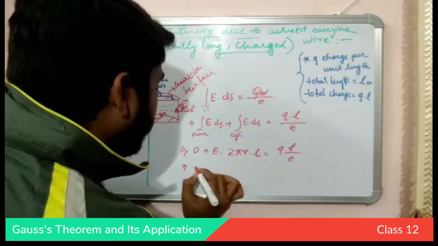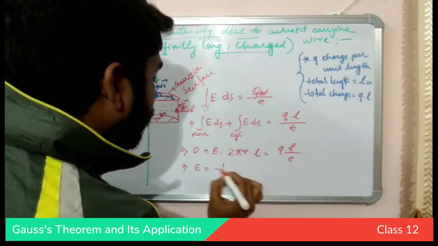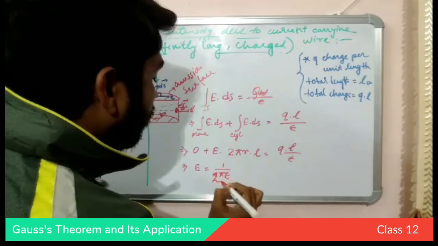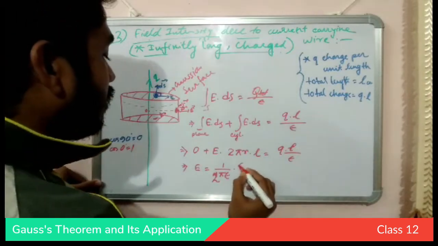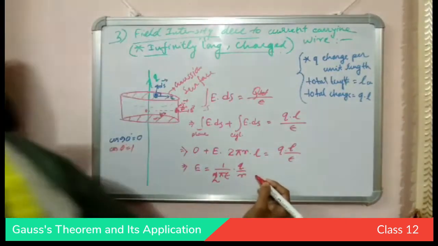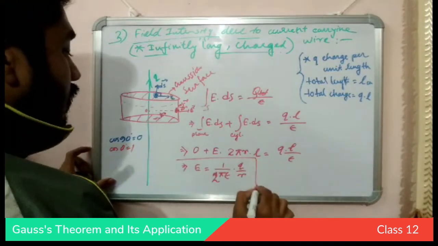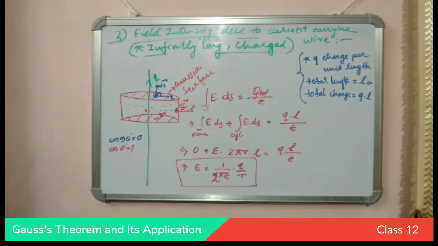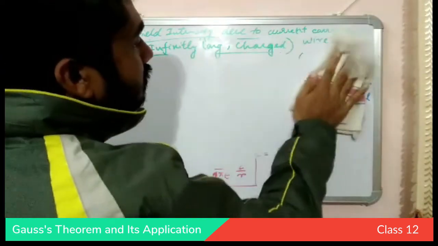So E is equal to 1 by 2 pi epsilon into, this L will cancel, lambda by r. This is our desired relation. Now we will go to our next application.